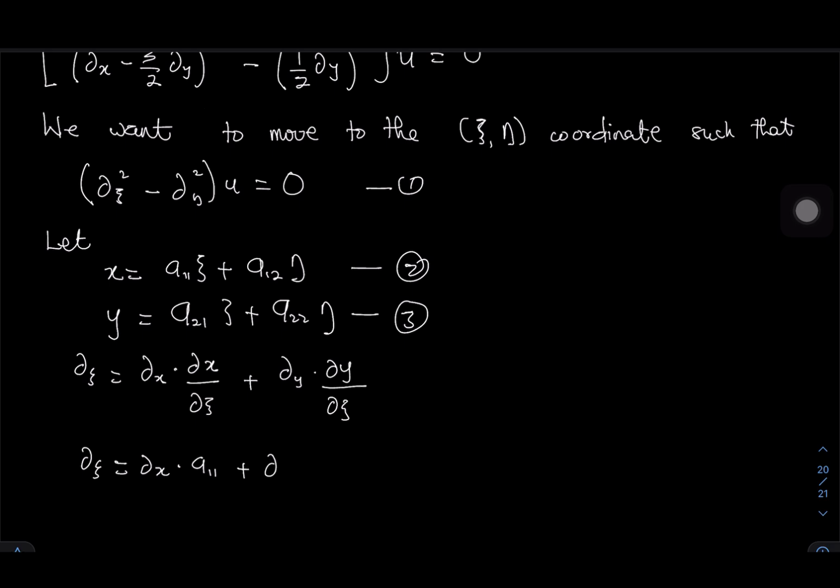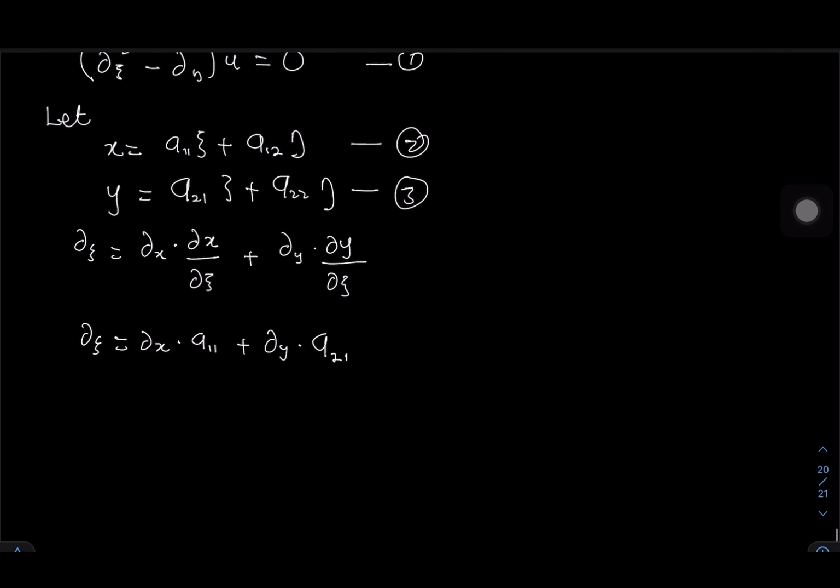Then plus del y del xi, what's that going to be? That is going to be a21, right? I'm taking my time so that you can absorb and assimilate whatever is going on.